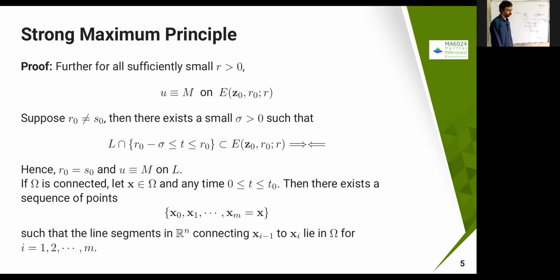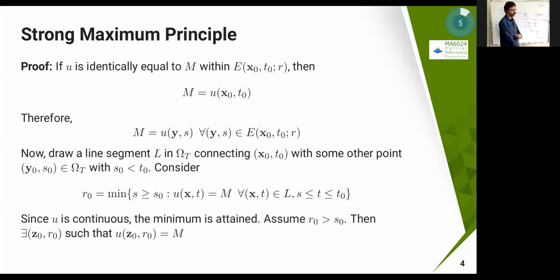Now, do you understand the contradiction? What I connected is that I have taken E of x naught comma t naught comma r, and then I connected some point y naught comma s naught outside. I have taken some arbitrary point y naught comma s naught in omega t.